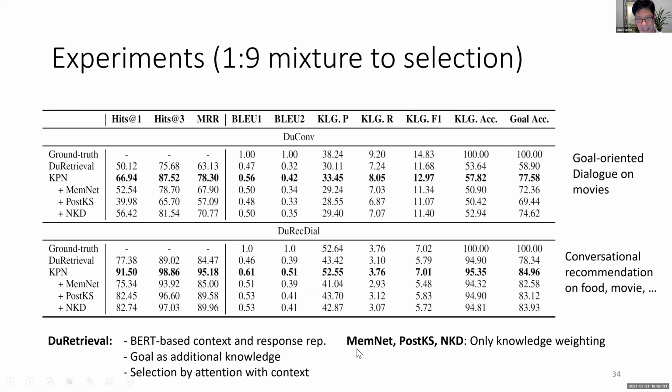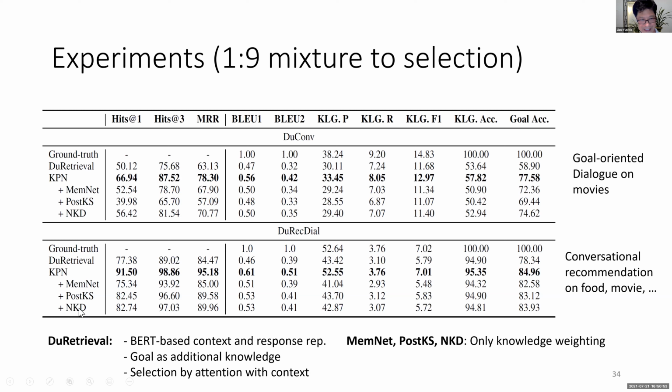In the same way, for the other baselines that I mentioned here, MemNet is the memory network, and PostKS is another method trying to estimate the probability after using knowledge and before using the knowledge, trying to minimize the difference between them.